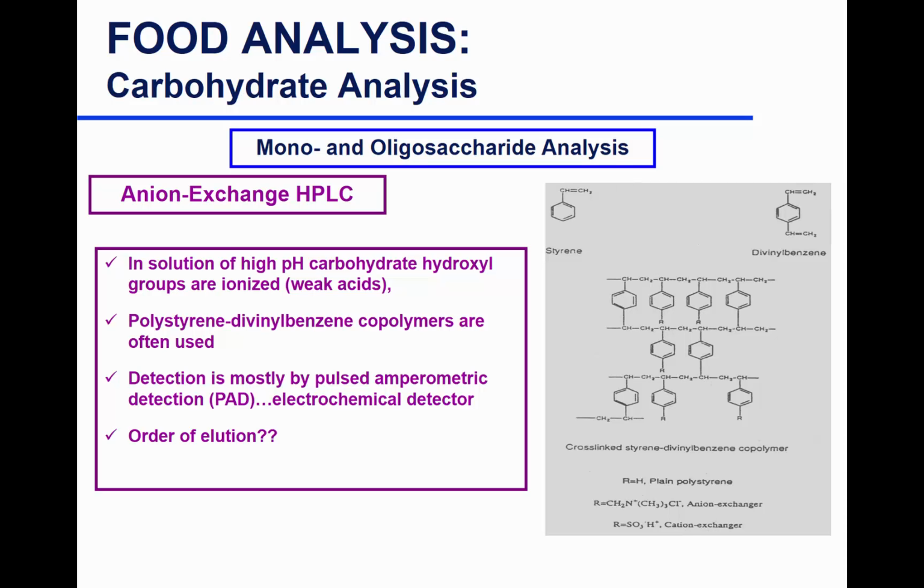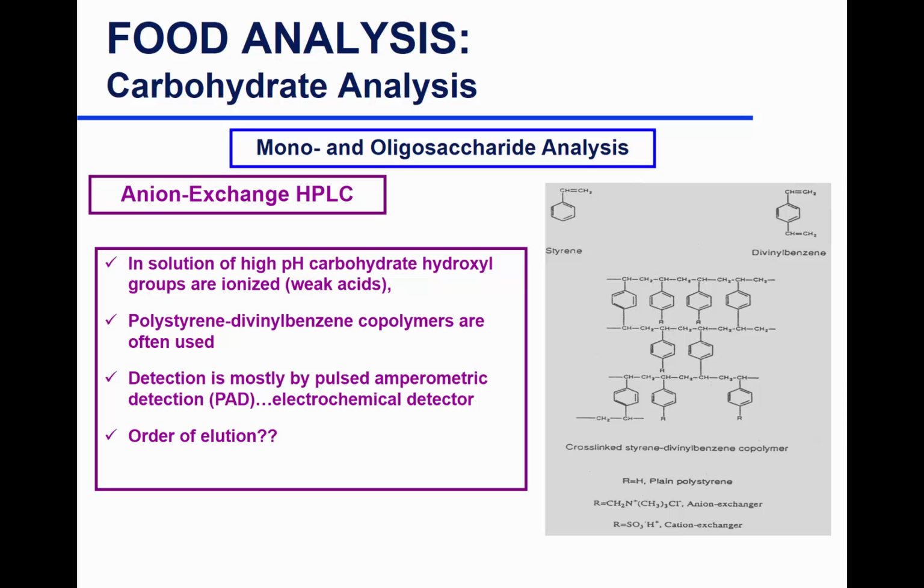Since these sugars can be oxidized, you can use pulsed amperometric detection, which is based on detecting changes in current in products that will oxidize or be reduced. So it's an electrochemical detector. Again, you want to remember your detectors from the HPLC chapter.